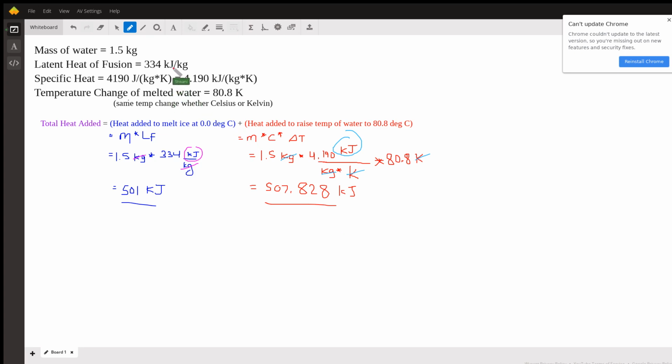So that would be 501 kJ plus 507.828 kJ, which is 1008.828 kilojoules.